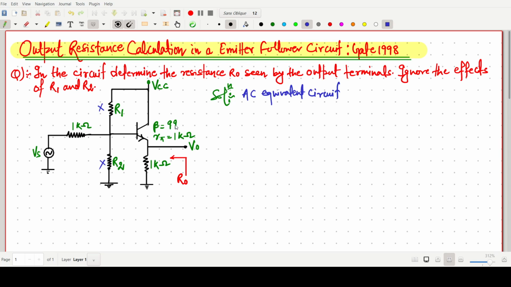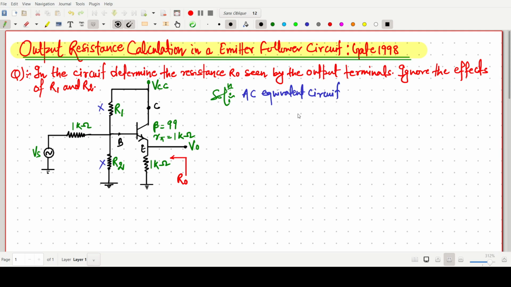Beta value is also given, and R pi, so it is better to draw the hybrid pi model of this circuit. First this one is our collector, base and emitter.